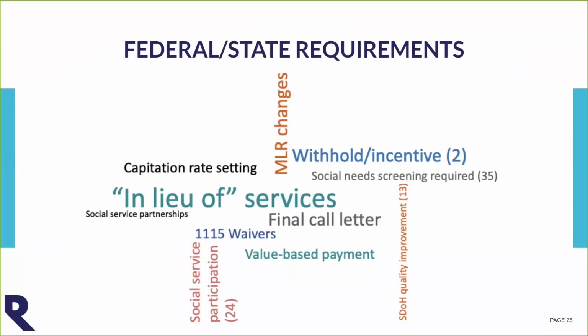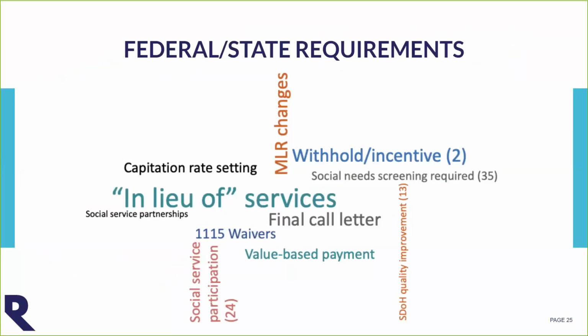The other area are now health plans can provide value-added services, and these are really extras that aren't related to the contracted services. So things like nutrition classes, peer support services for mental health, but these do not count in the capitation rate setting.